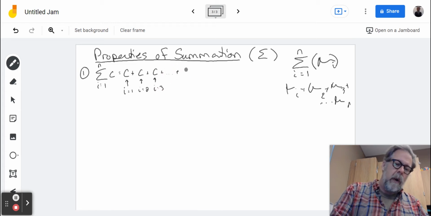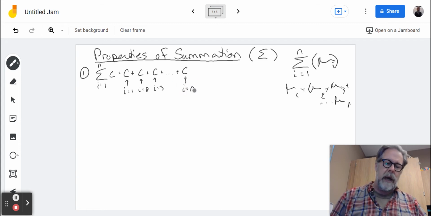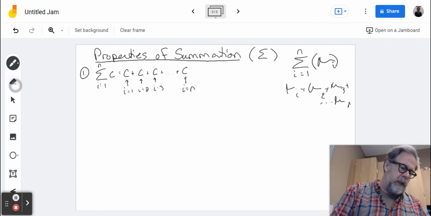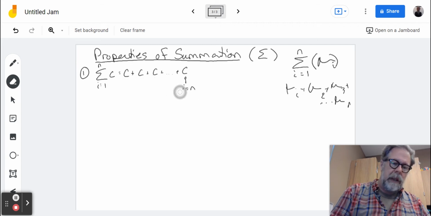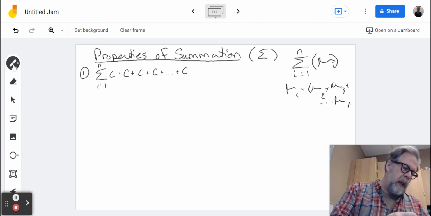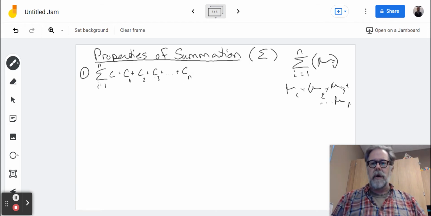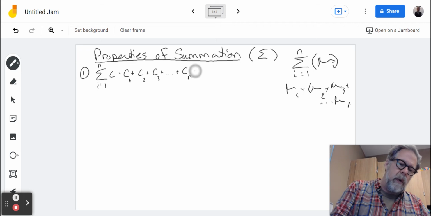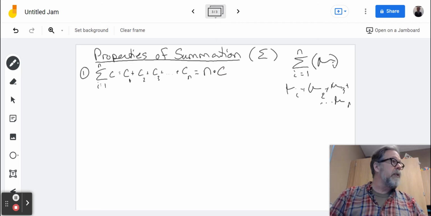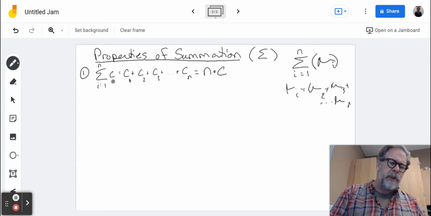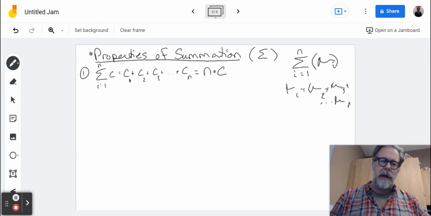And this is just going to keep going until I get to the very last one, which is when I equals n. So another way to look at this would be, instead of writing all the little arrows, to just say, well, I want C1 plus C2 plus C3 plus C4 ... plus Cn. Well, since they're all constants and since they're all the same value, I have n quantities of that constant. So the sum of a constant n times is just n times the constant.